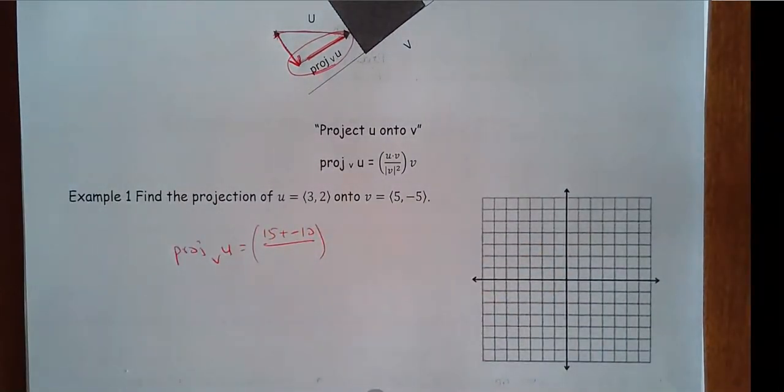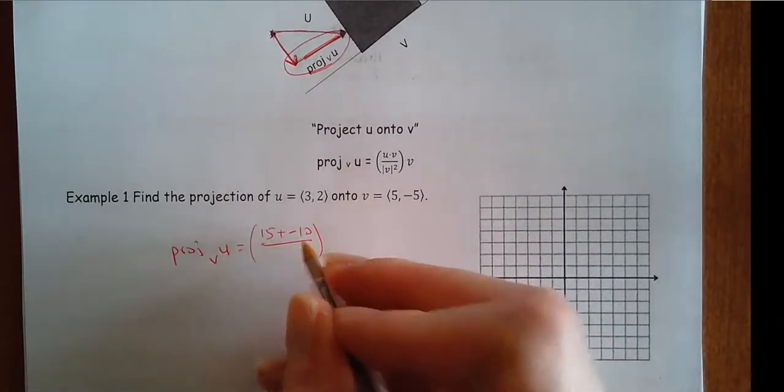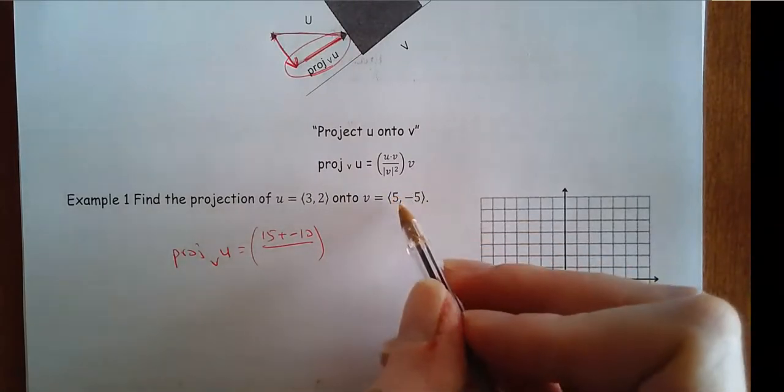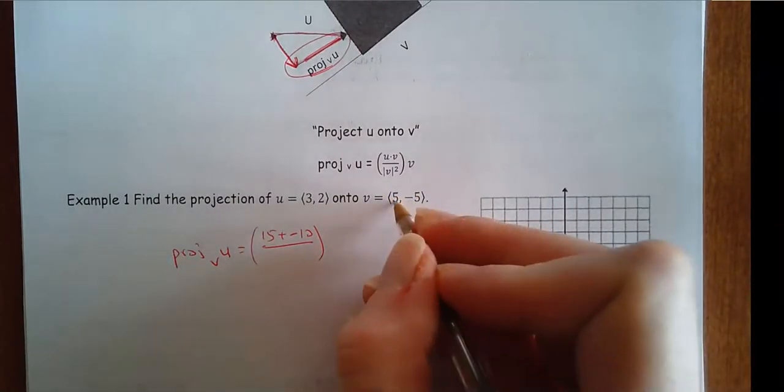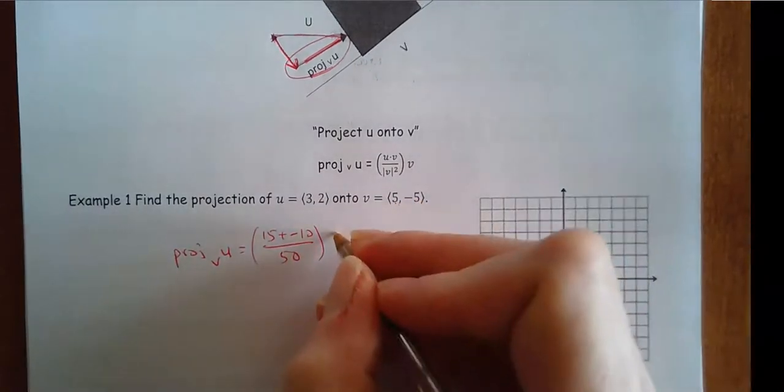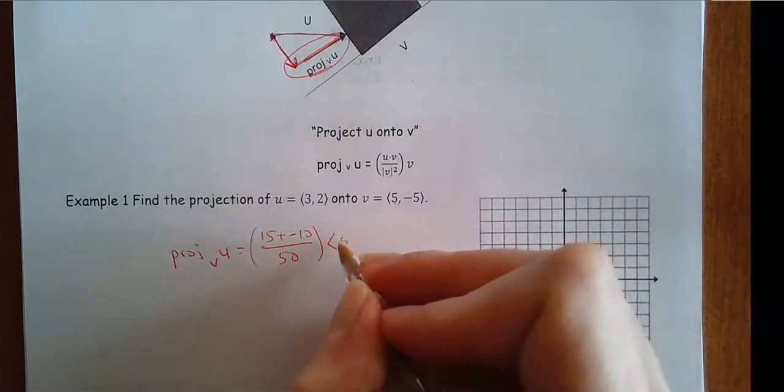Basically, just don't square root. Normally the magnitude would be the square root of A squared plus B squared. On this one, instead of square rooting, just do A squared plus B squared. So this would be 25 plus 25, so that'd be 50. And then we take that times vector V.